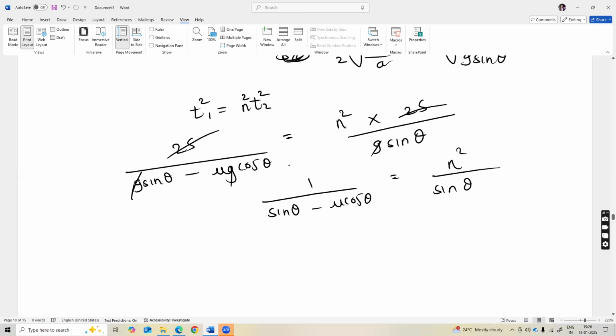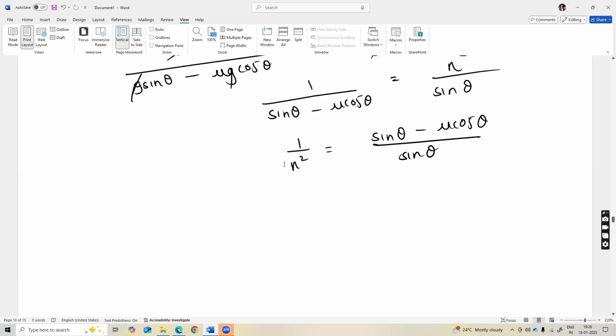Now let's take this n square on the left hand side and this sine theta minus mu cos theta on the right hand side. So what we'll get is 1 upon n square is equal to sine theta minus mu cos theta divided by sine theta. So finally you will get 1 upon n square is equal to 1 minus mu upon tan theta.